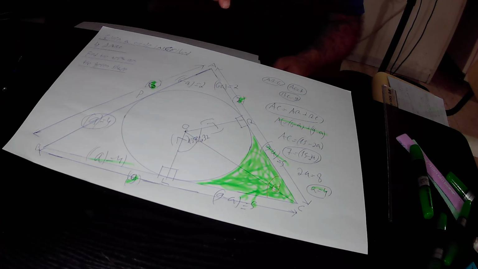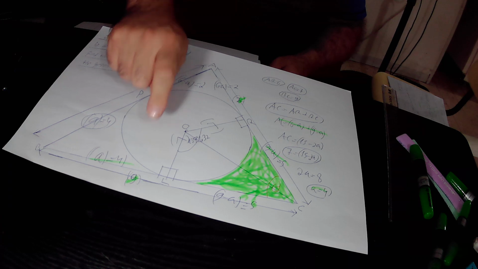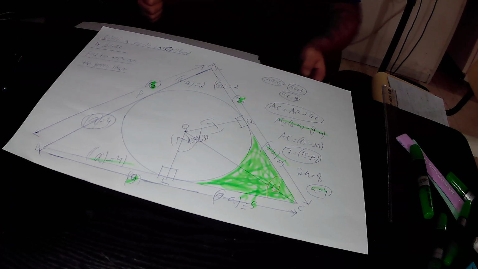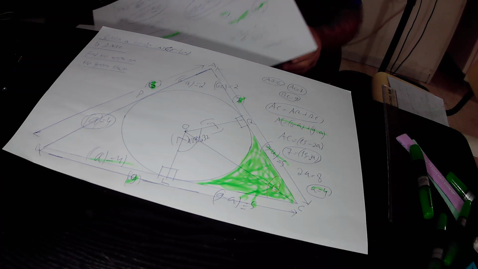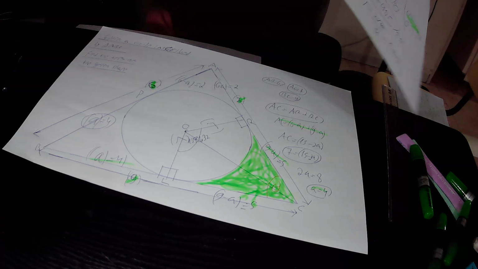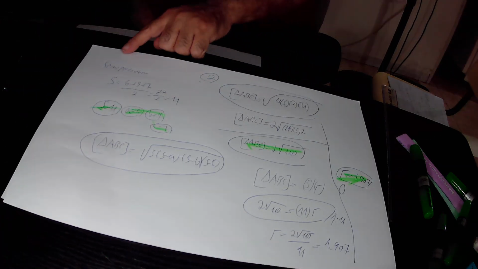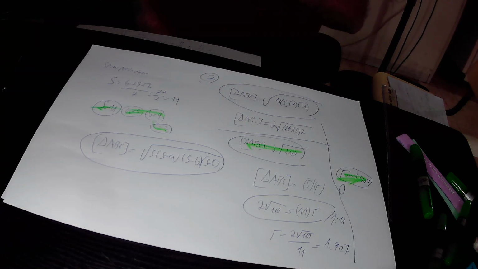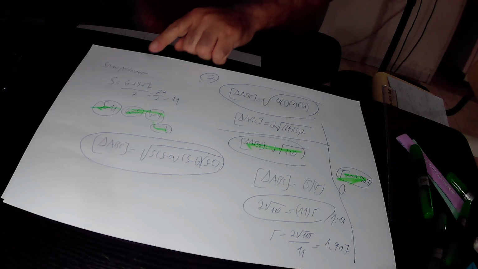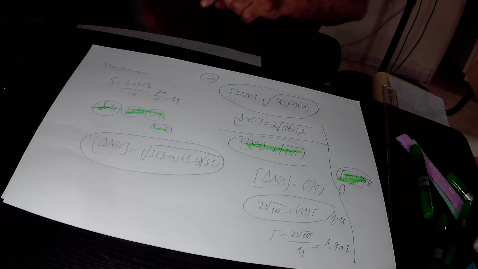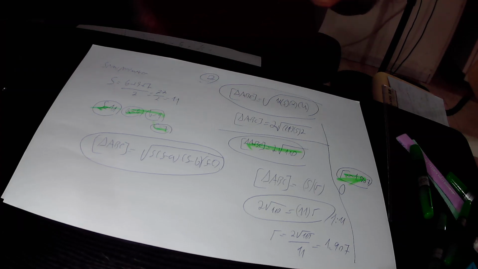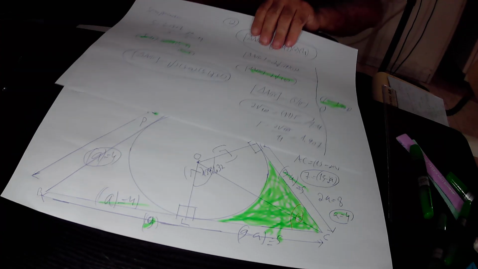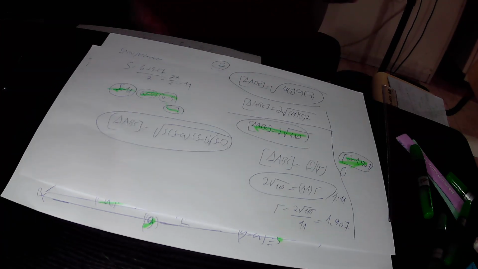So in total, the perimeter is equal to 6 plus 9 plus 7. And therefore, the semi-perimeter is equal to the perimeter over 2. S is the abbreviation for the semi-perimeter. S equals 6 plus 9 plus 7 over 2. 6 plus 9 is 15, 15 plus 7 is 22, over 2 is 11. So in total, we found out that the semi-perimeter of this triangle ABC equals 11 units.